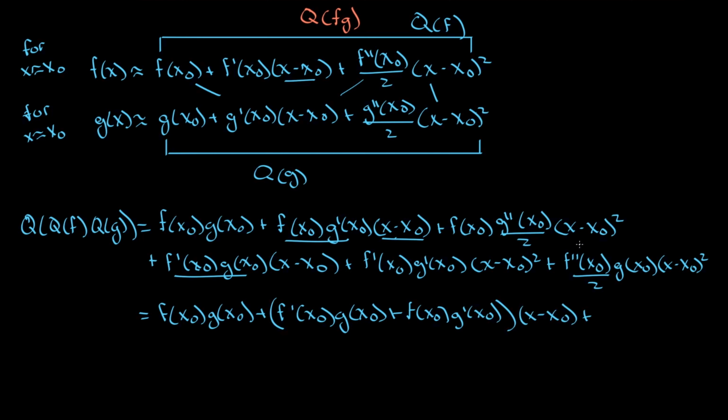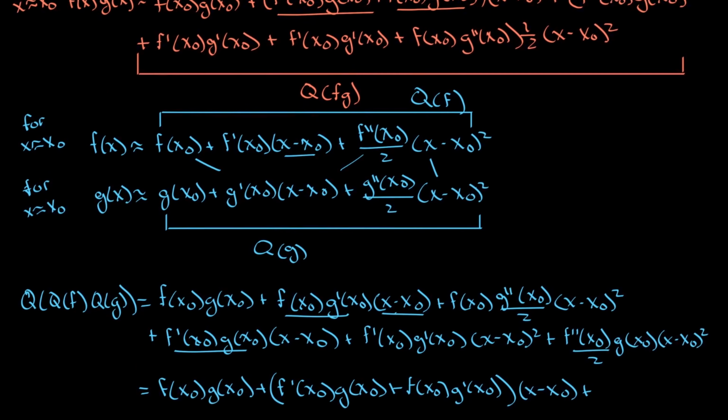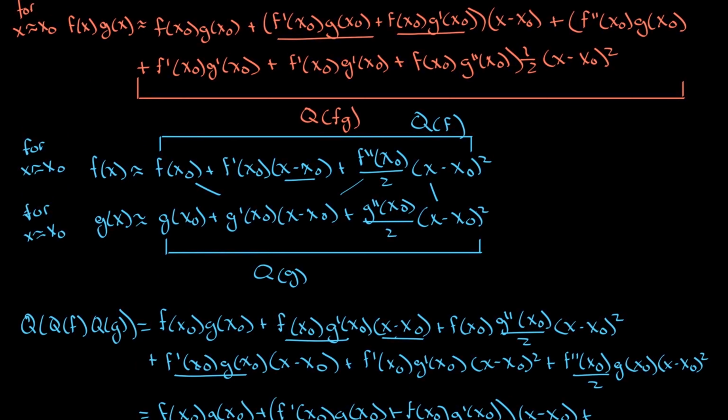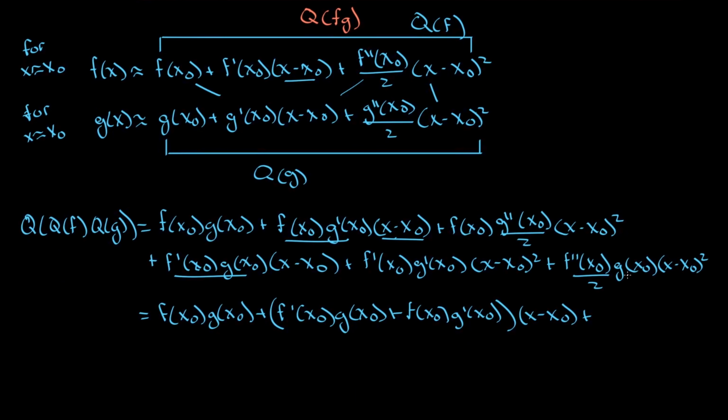Okay, and now for these quadratic terms here, we're going to factor out a 1/2 times x minus x naught squared, so we can get it to match with what we have up here. We're going to be left with, I'll do these first, a plus f double prime of x naught times g of x naught.